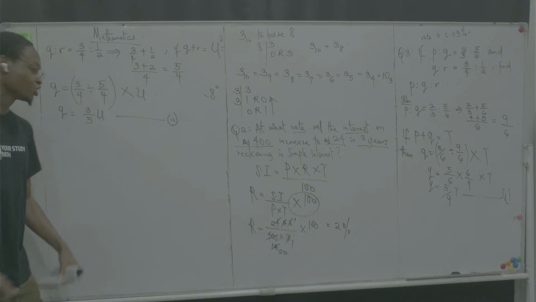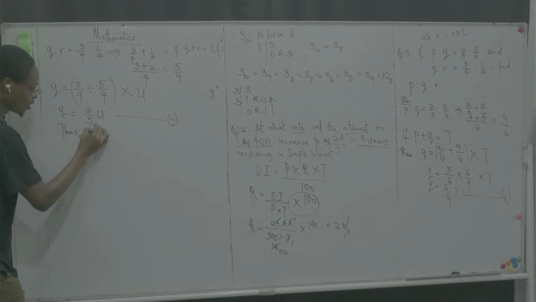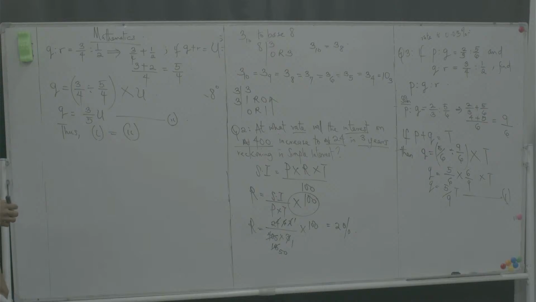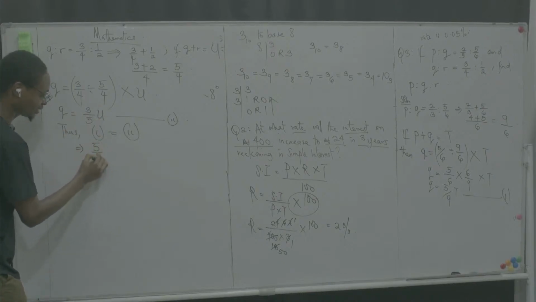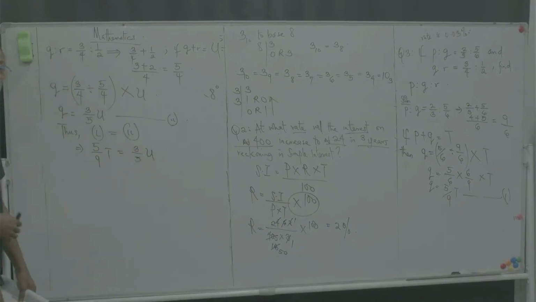Does that make sense? So it means that equation 1 has to be equal to equation 2. Abi? Which would mean that 5/9 T has to be equal to 3/5 U.